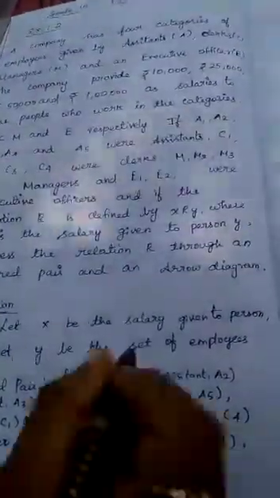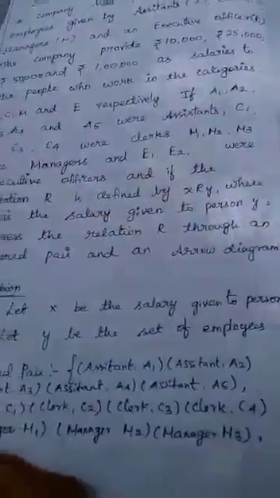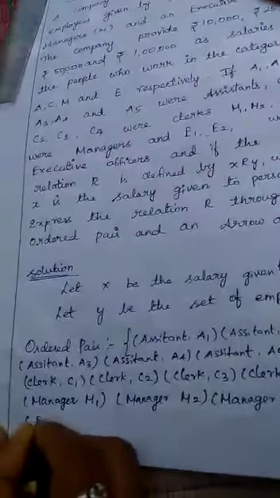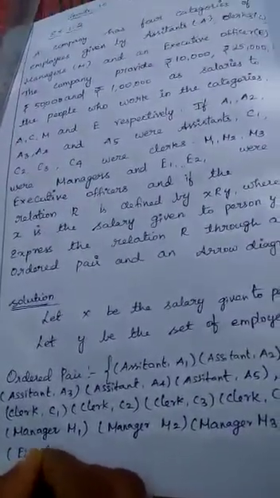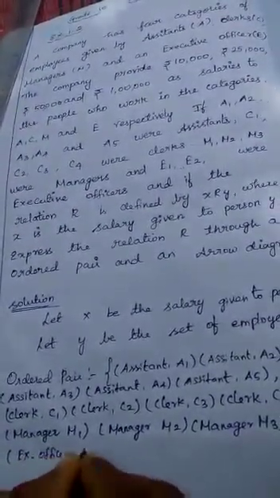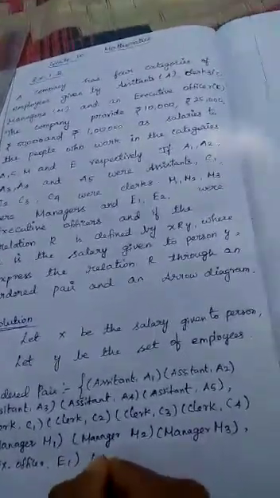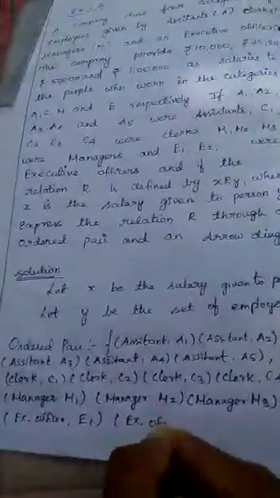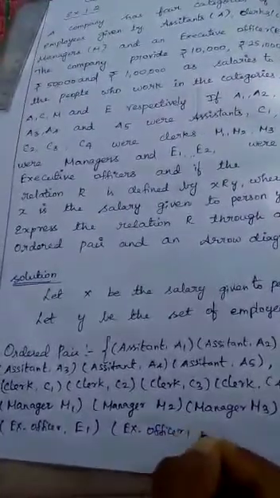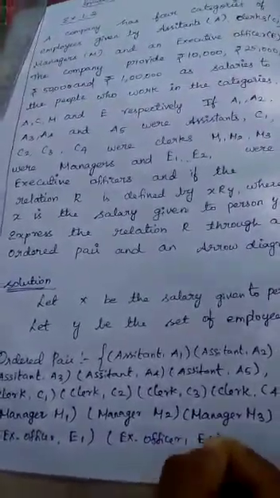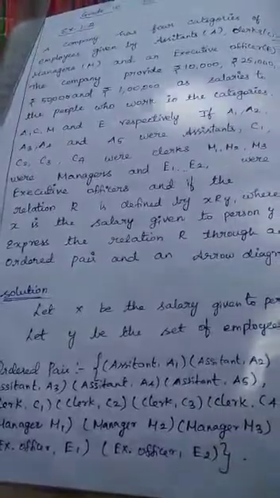And the last one is executive officer, E1 and E2. So executive officer E1 and executive officer E2. So we show it in ordered pairs.